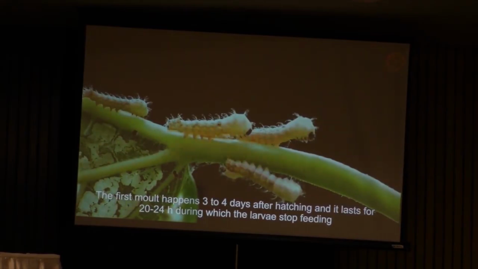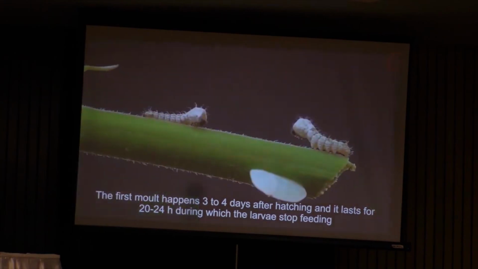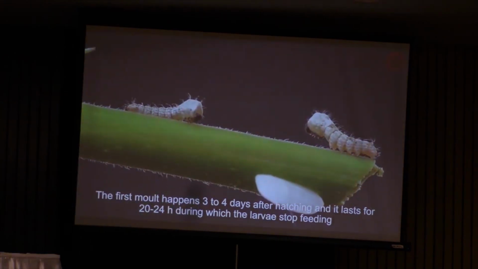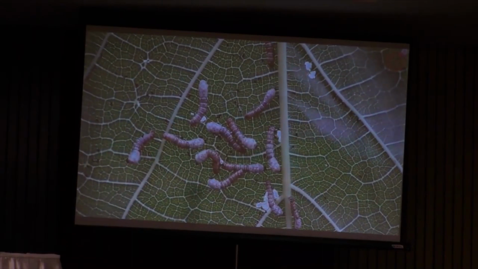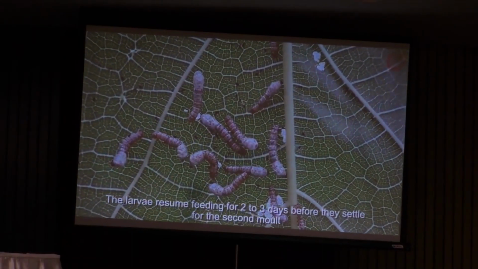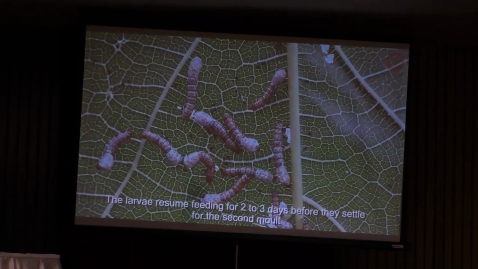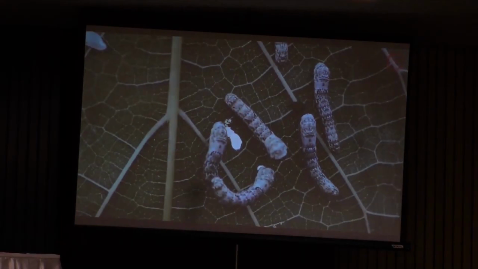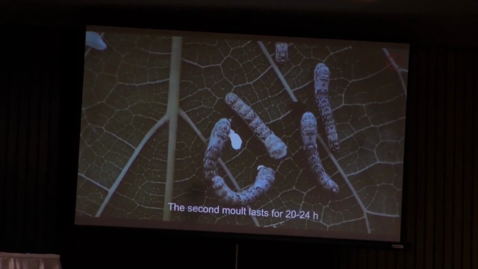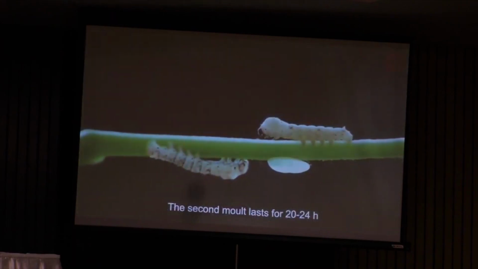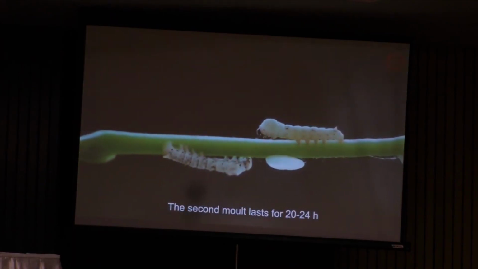The first molt happens 3 to 4 days after hatching, and it lasts for 20 to 24 hours. During molt, the larvae stop feeding. The larvae resume feeding for 2 to 3 days, before they settle for the second molt. The second molt lasts for 20 to 24 hours.